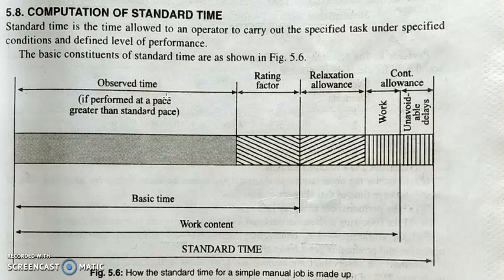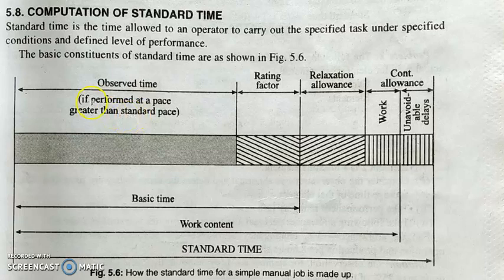Now there is one more method, that is flyback timing. In flyback timing, with the use of the stopwatch, the stopwatch is returned to 0 at the end of each element and allowed to start immediately, so the time for each element is obtained directly.